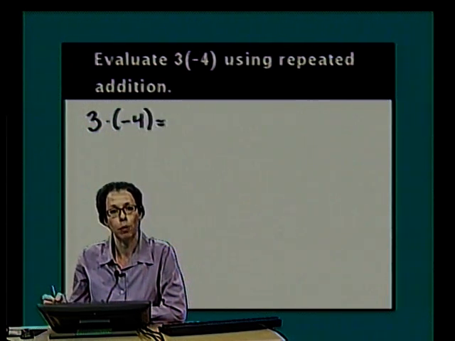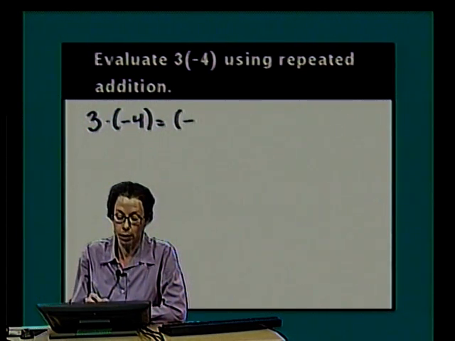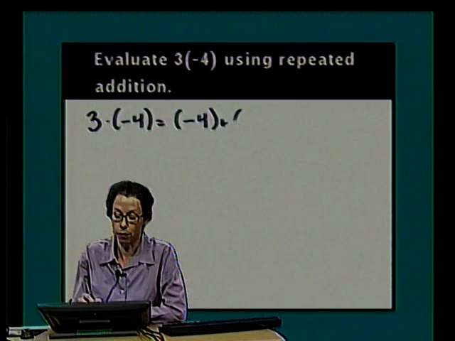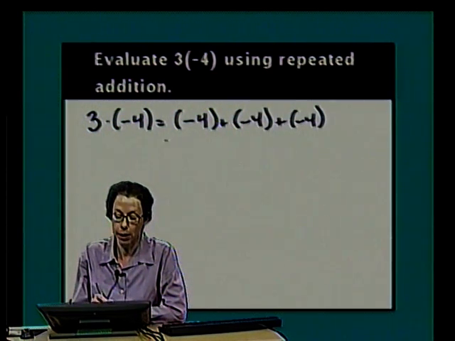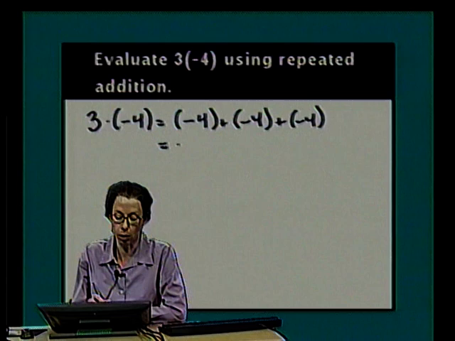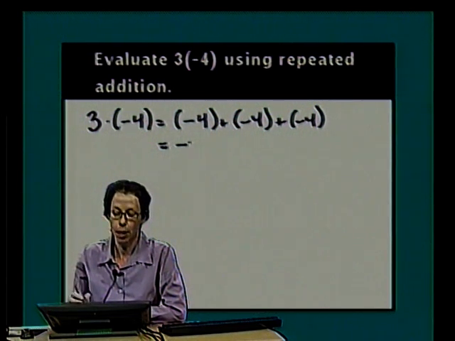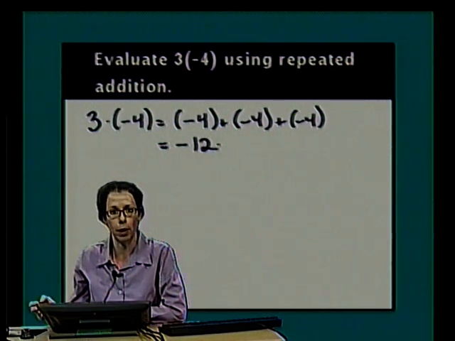Using this idea of repeated addition, this would mean 3 occurrences of -4, or -4 added to itself 3 times. Now here, we're adding 3 negative numbers. They all have the same sign, so we know the result is going to be negative, and we just add the magnitude of the 3 numbers. So the result is -12.